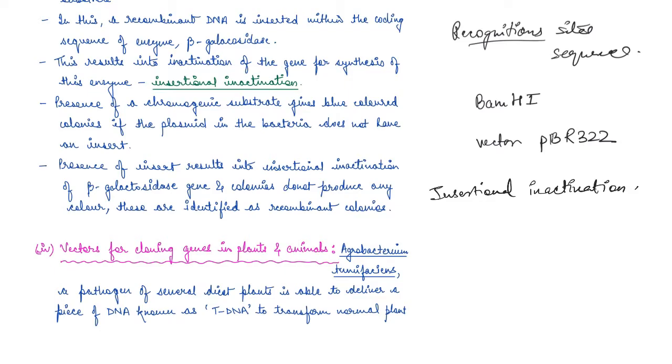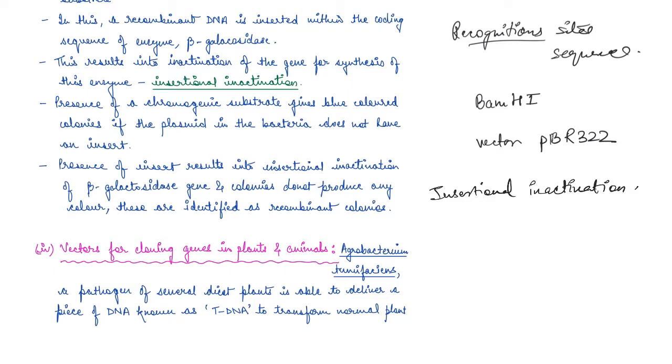And presence of an insert results in insertional inactivation of the beta-galactosidase gene, and the colonies do not produce any color. So these are basically identified as recombinant colonies. So with the help of this color coding, you are able to distinguish, right?